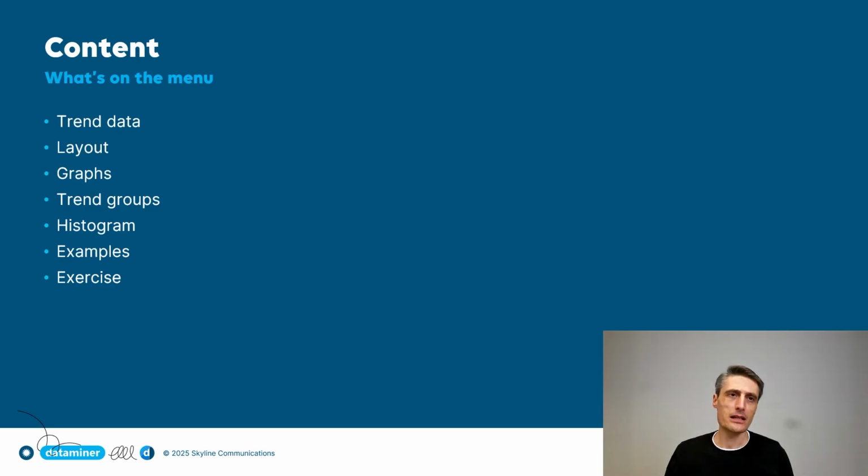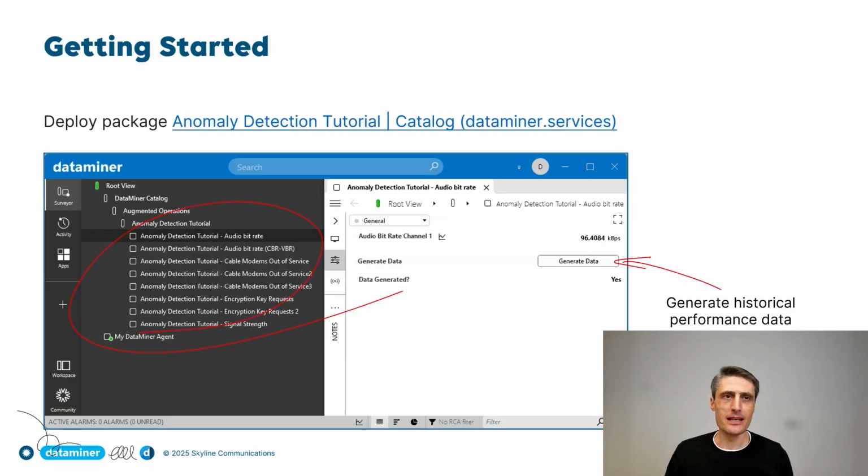Now, before I start, there is a package available called Anomaly Detection Tutorial on the catalog, and you can deploy that on any DataMiner system that is connected to the catalog or the cloud. For instance, a DAS system, we have it on our training system.